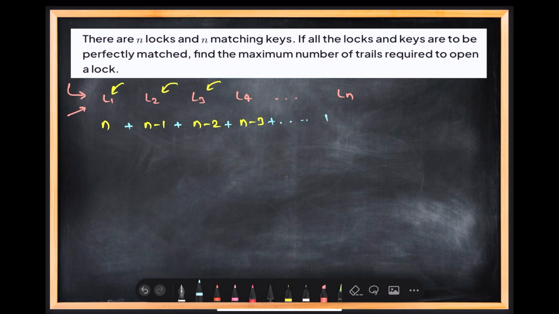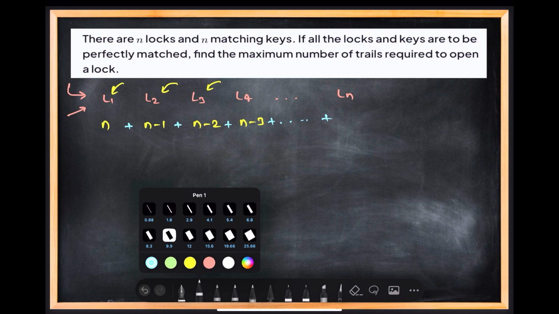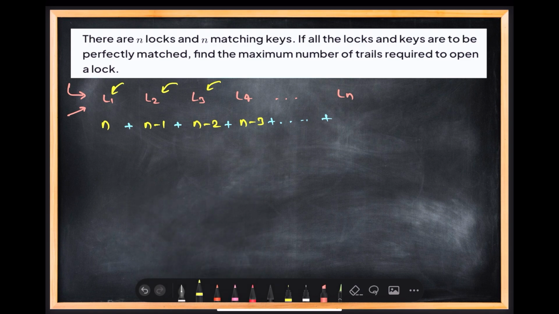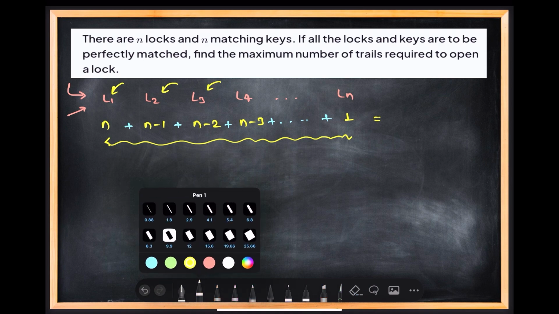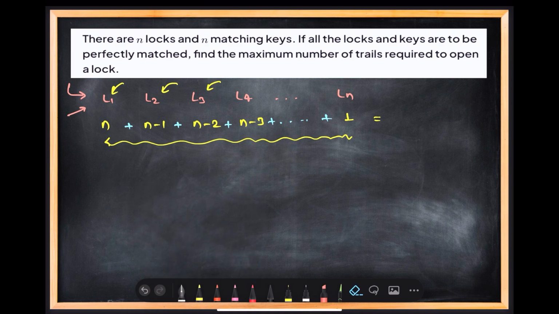For the last lock, we will have only 1 key, so it will open at the first go. So we have to add all the different ways of completing the task. If you observe the series from this direction, it is the sum of n natural numbers, correct?